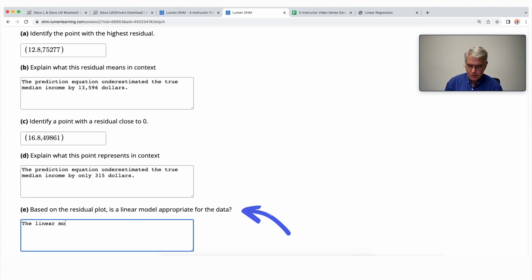The linear model for these data is appropriate based on several criteria, including the residual plot, which shows many values relatively close to the prediction line.